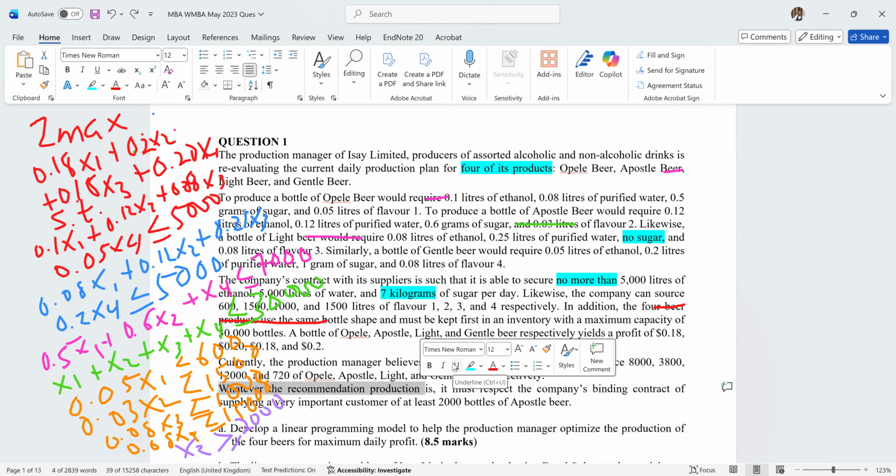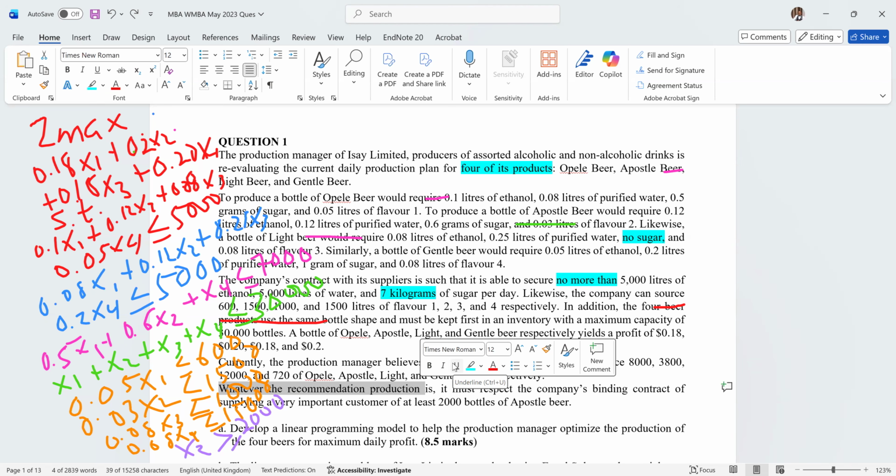Okay. Thank you. So guys, let me tell you something. You should always be reading and rereading to be able to catch up. Yes, Elizabeth. Sir, please, I don't understand why we brought in an integer. Because an integer is a positive whole number in linear programming parlance. Why? Because you've got to check that the items you are producing are not decimals. Do you think that for a bottle of beer, you can have 0.16 bottles of beer? No, sir.